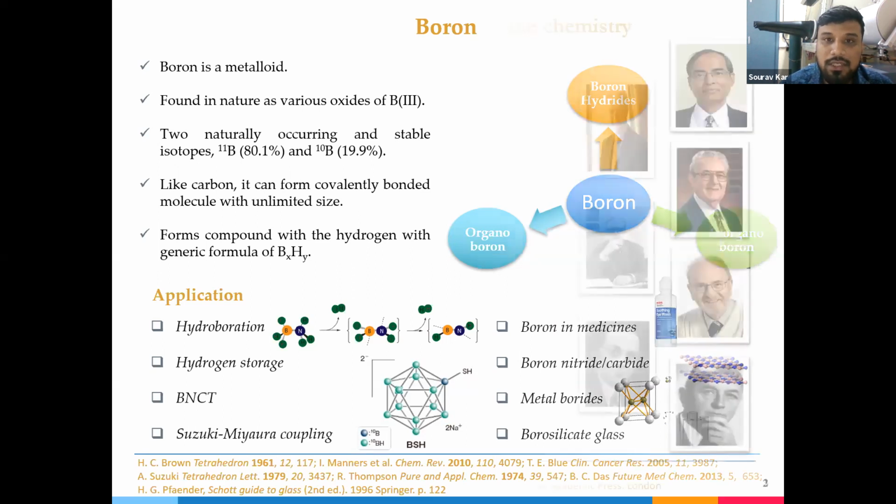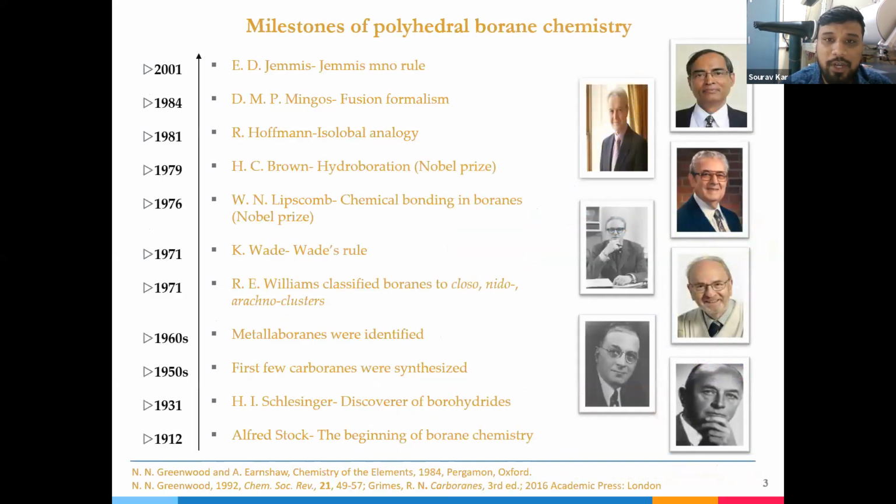During the last 110 years, there have been many milestones in polyhedral boron chemistry. In 1912, Alfred Stock began the chemistry of boron. Later on, Schlesinger, Williams, Wade, Lipscomb, Brown, Hoffmann, Mingos, James, and many other pioneers developed this field in a pleasing fashion.